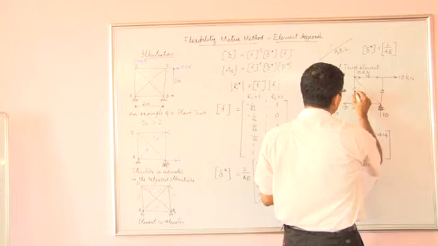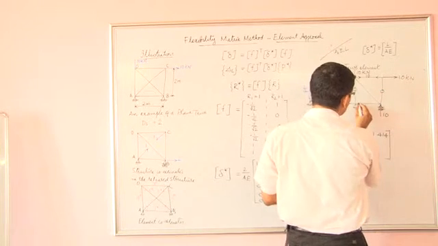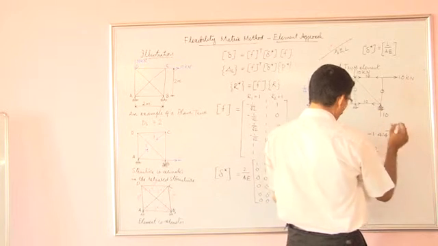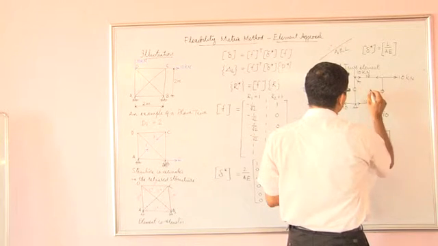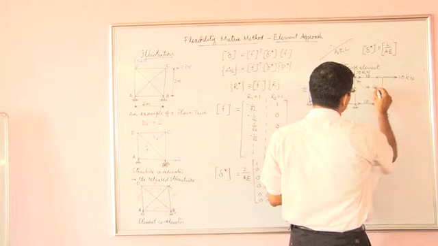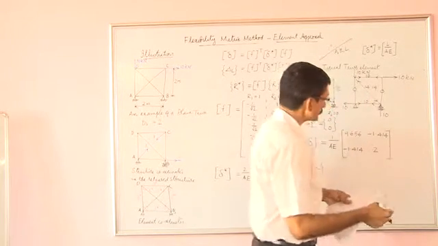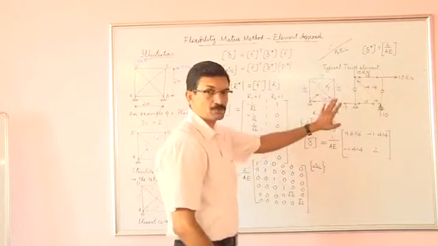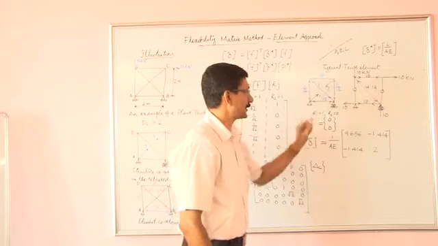The force in this member is 0. The force in this member is tensile 10 kN. And the force in this member is compressive 14.14. That is the result of the analysis by method of joints in a statically determinate truss.